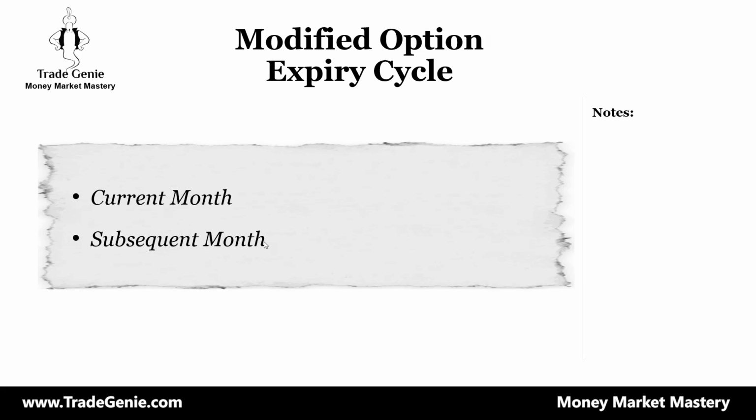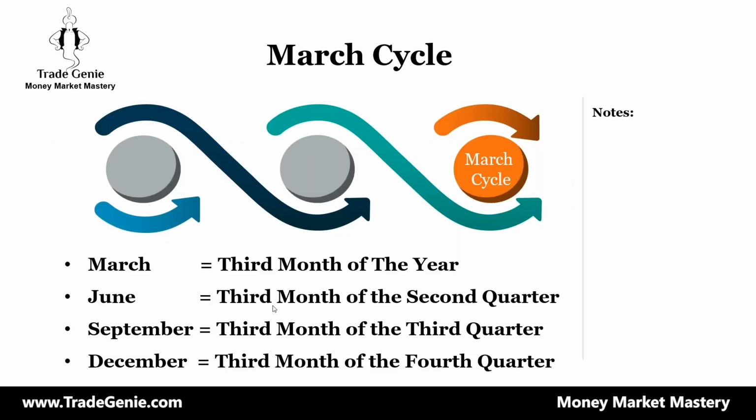The modified option expiry cycle says that not only do you list these 4 months, if the stock is assigned to a March cycle, then we would only see March, June, September, and December.